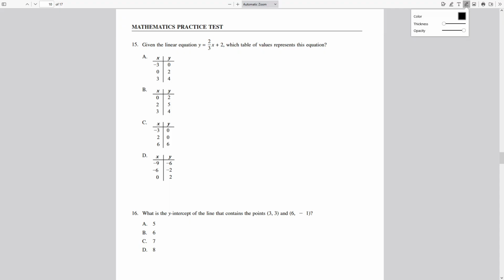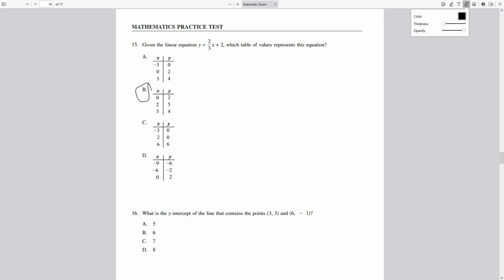So it's not C, that's for sure. Wait, yeah, 2, 0. Oh yeah, that's it. It's 2, 0. That's the intercept point, which is 0.